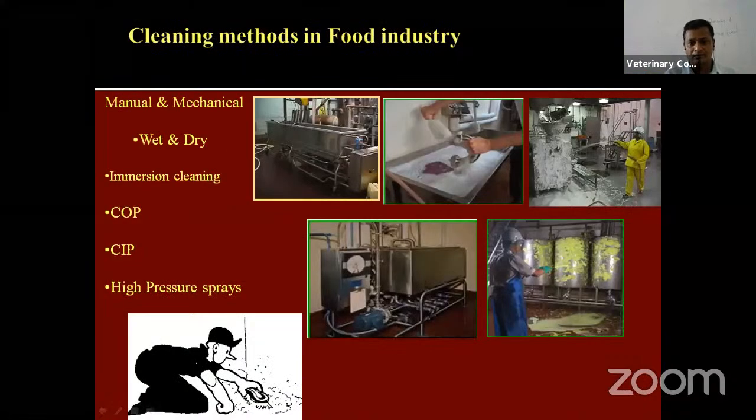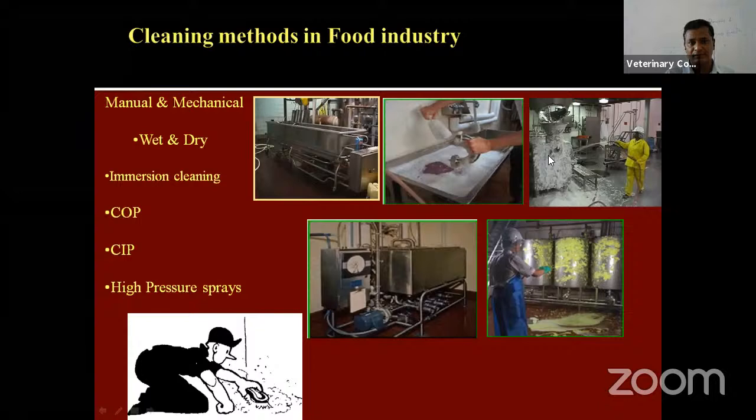This image shows the food contact surface. They initially go for cleaning: cleaning, rinsing, detergent, and then finally rinsing off the detergent and going for the sanitization process.